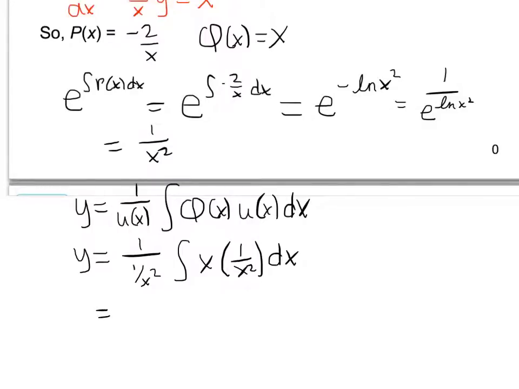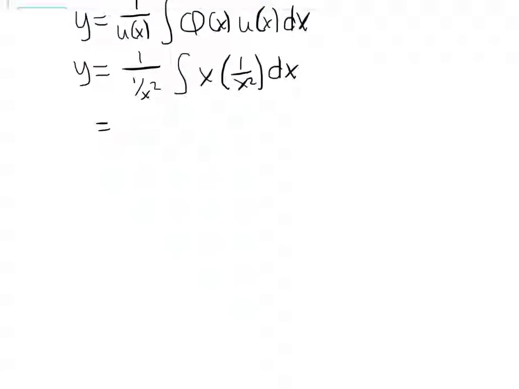Now when I simplify this, 1 divided by 1 over x squared is just x squared. So this is y equals x squared times the integral of 1 divided by x dx.